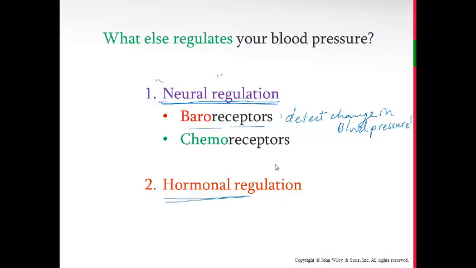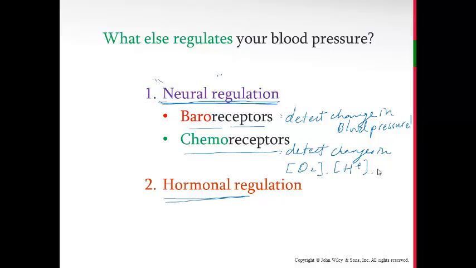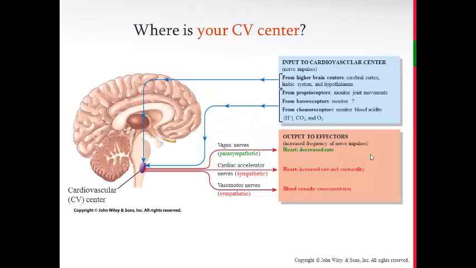We'll take a look at where they are. We also have chemoreceptors. These are receptors that detect changes in, for instance, the concentration of oxygen, concentration of protons, etc. So let's take a look at where some of the regulation center is.